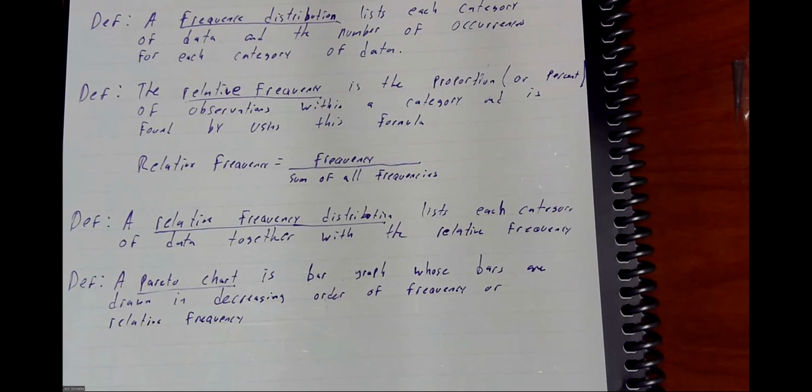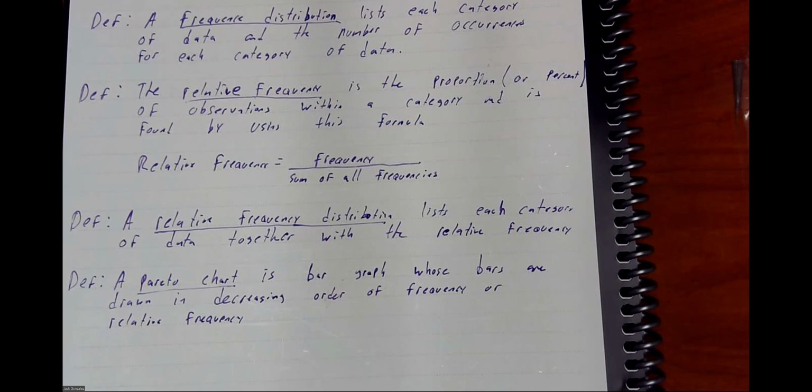Proportion would be for relatives. So when you see the word relative, think of the percent or proportion. For frequency it's just kind of the total, so how many, the number. Does that make sense? Just a straight up definition, nothing crazy.